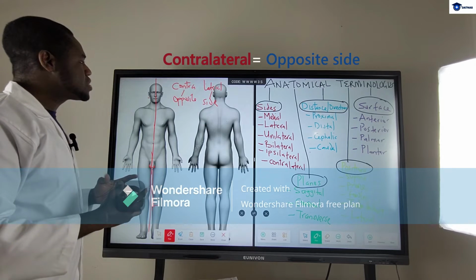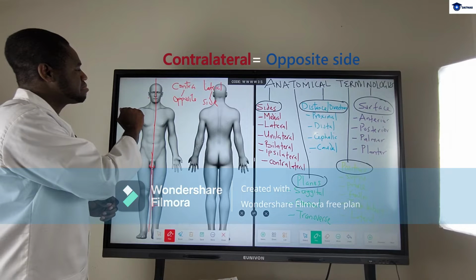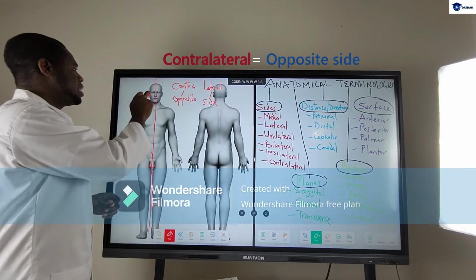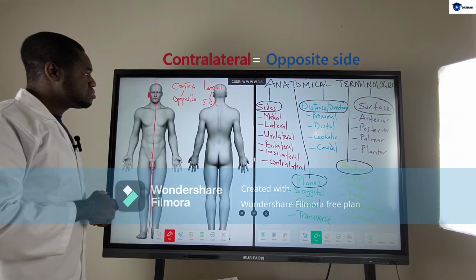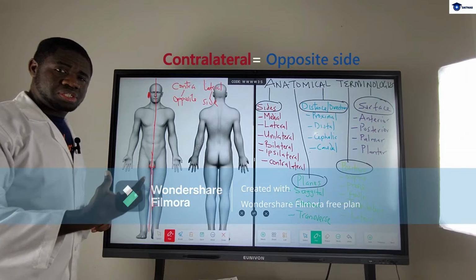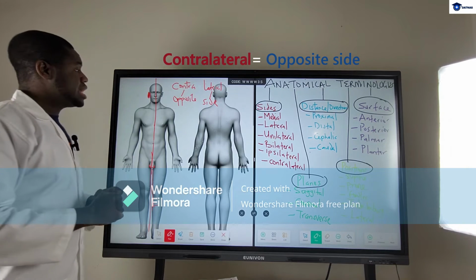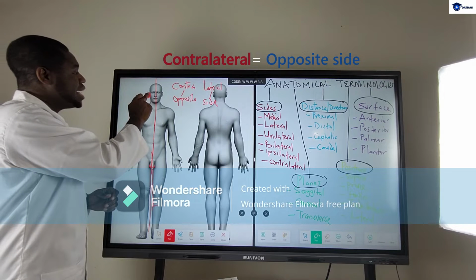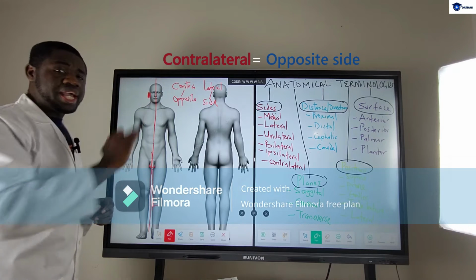So in that case, if I say that this man is having deafness in the right ear, but the contralateral ear is in a normal functioning state. That is, the right ear is deaf, but the opposite ear is in a good state.